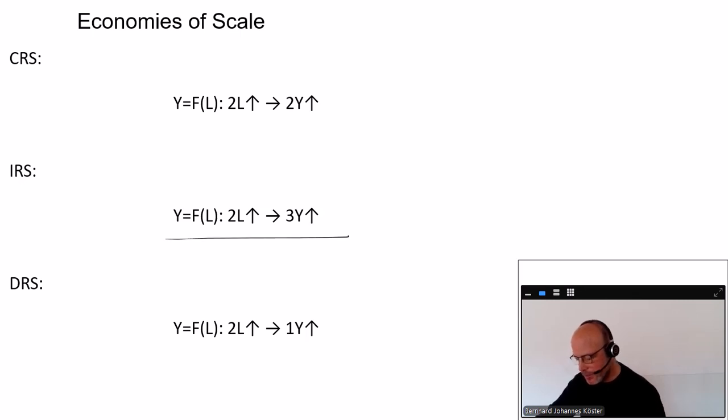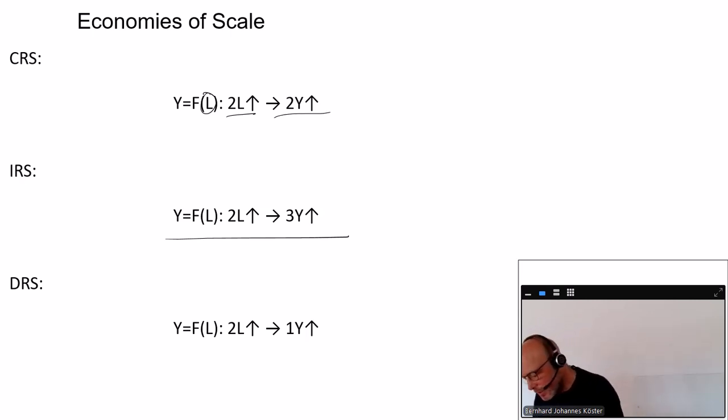increasing returns to scale. So with only one input factor, doubling labor input means doubling output. So this is constant returns to scale.